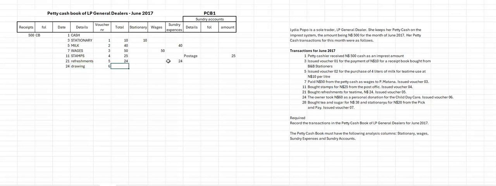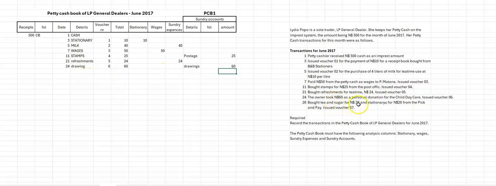Our total would be 60. And where do we use it? We don't use it for stationery, nor for wages, nor for sundry expenses, but for drawings. So we need to write drawings. And we used $60.